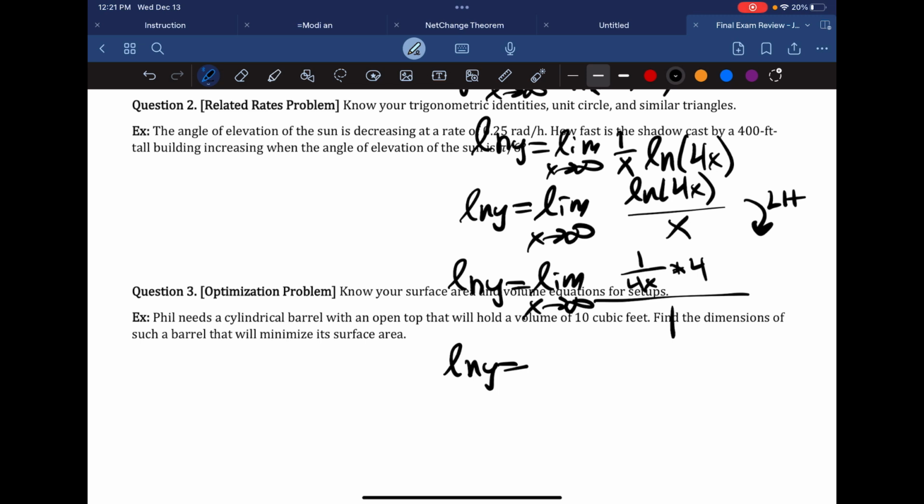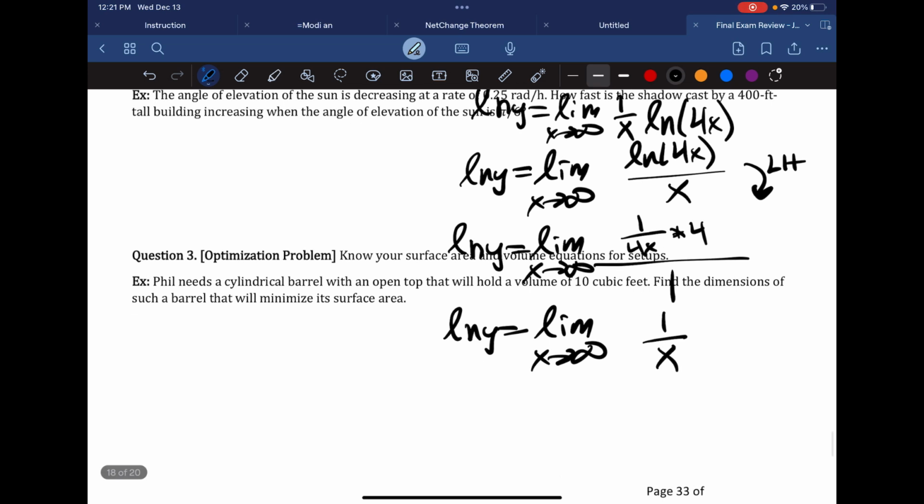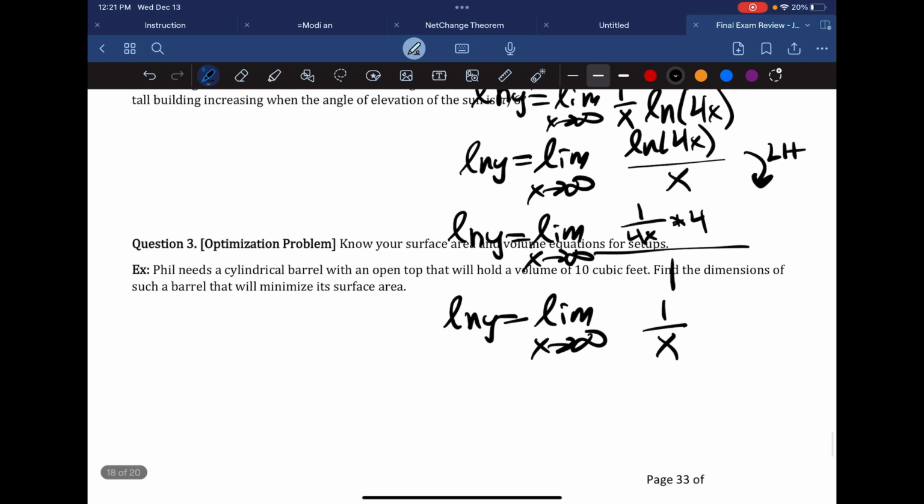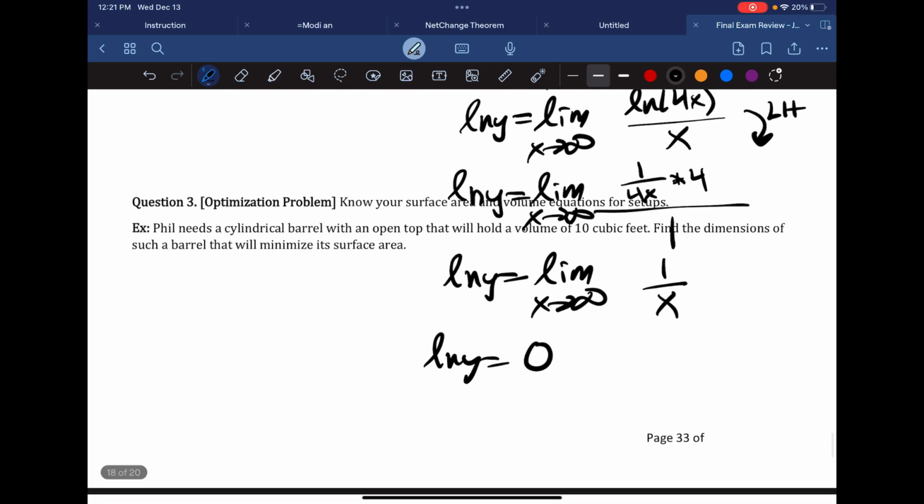So that simplifies to 1 over x, and that 1 just kind of gets lost. So then we would have ln y equals the limit as x approaches infinity of 1 over x, and so that's ln y equals 1 divided by infinity. Anything divided by infinity is 0, so we get ln y equals 0.